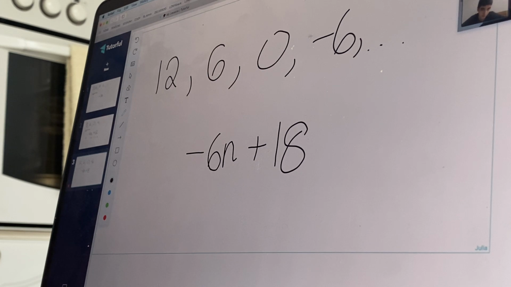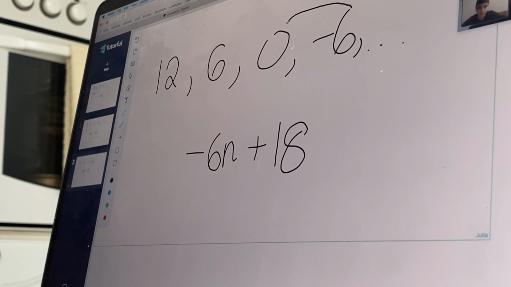So 6, 12 and 18. That's not quite where that 18 comes from. The 18, remember, comes from going back by one step. So the 18 is actually the 0 term.